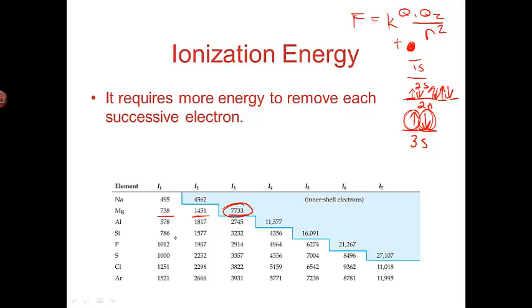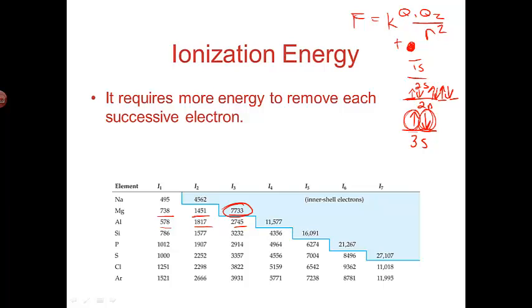Okay, and if you do a little diagram here with these other ones, that's what you'll notice, is that essentially once we remove all the valence electrons, to try to get the next electron after all the valence electrons are gone, you're going to see a big jump in energy.